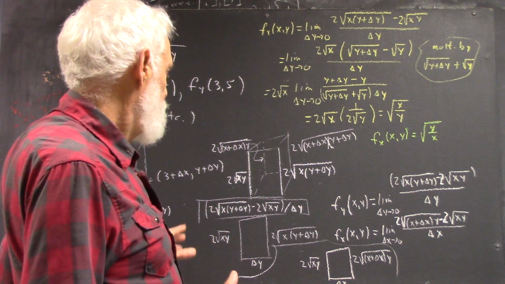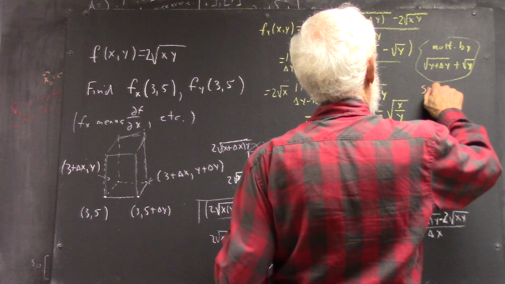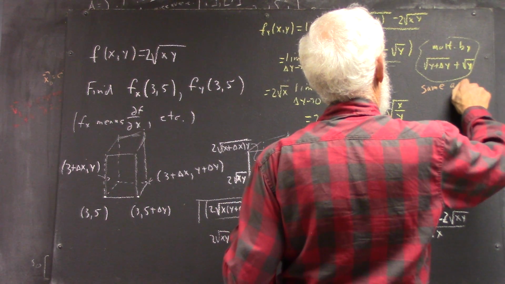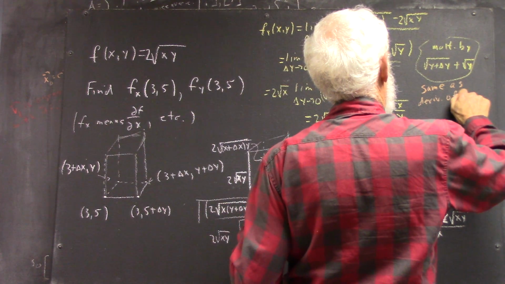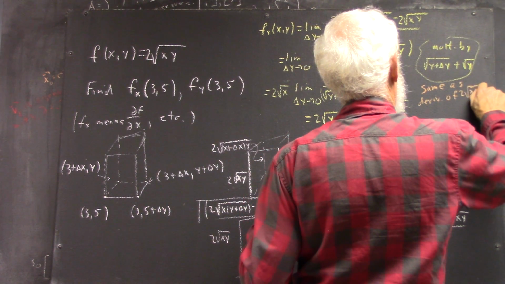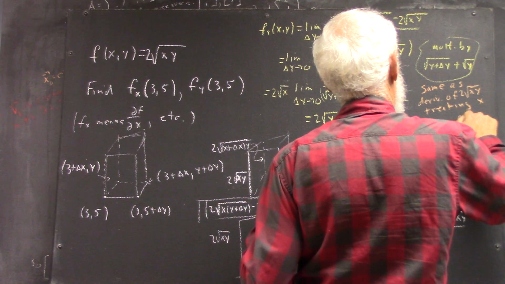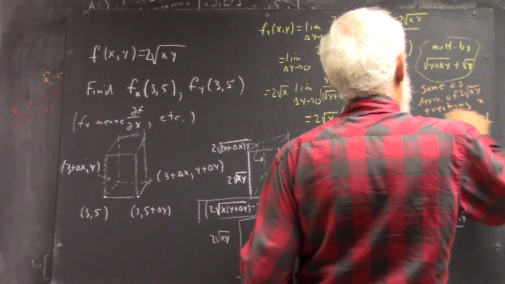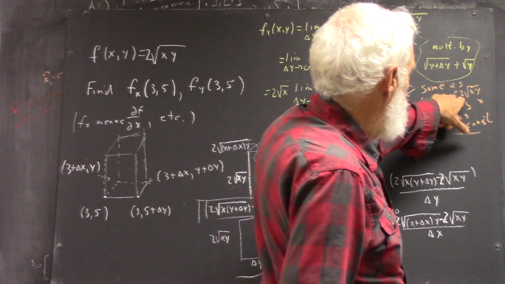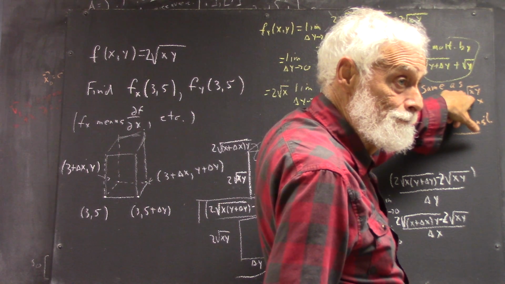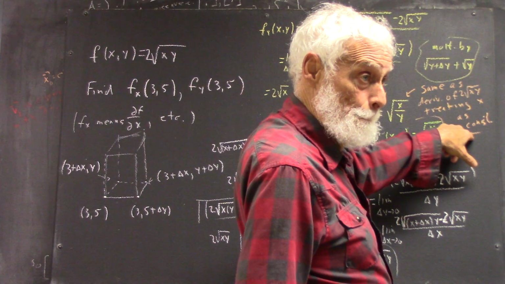So this expression is the same thing you get if you took the derivative of 2 square root of xy with respect to y, treating x as a constant, okay?